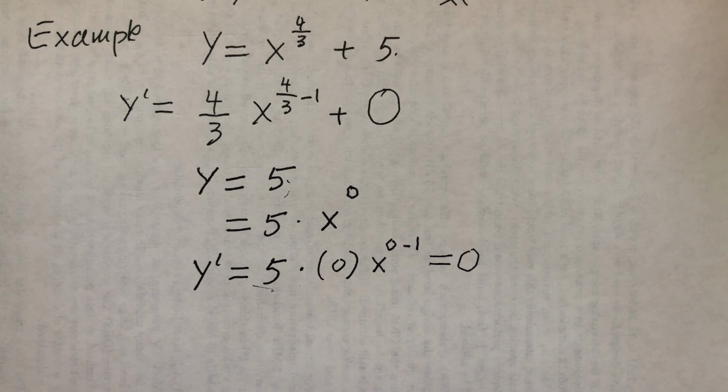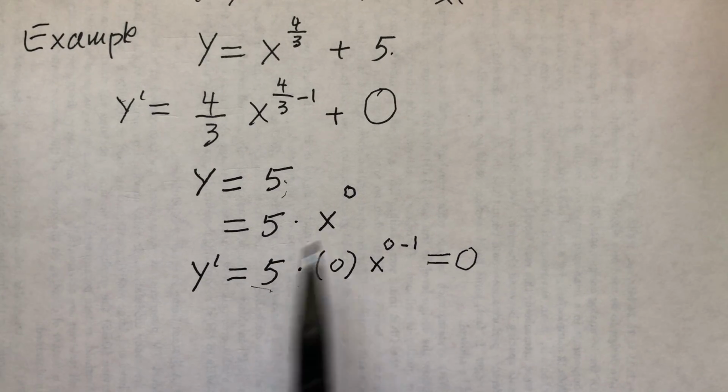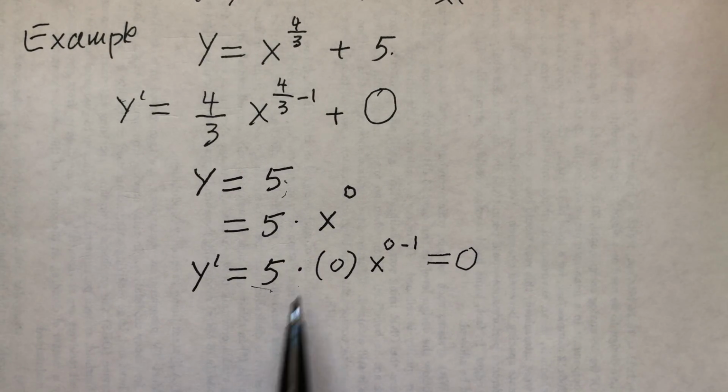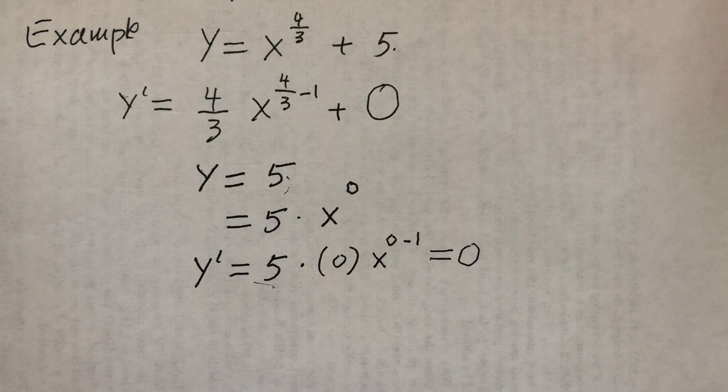That shows the derivative of a constant is 0. And you will see that this is just a special case of the power rule, right? It's a special case of the power rule.